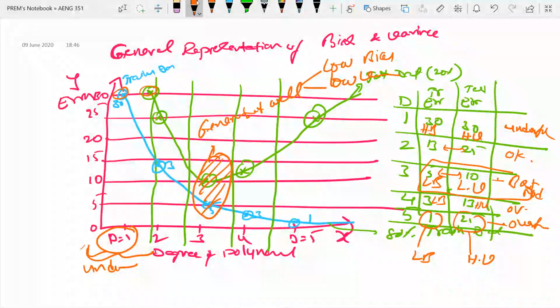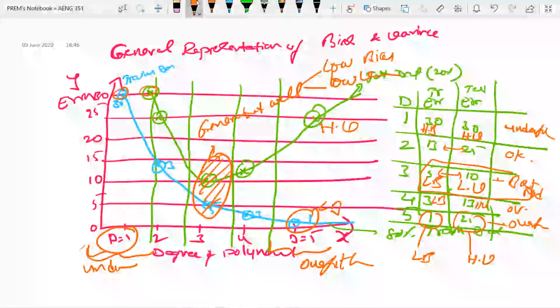When degree is 5, training error is less, meaning low bias, but high variance. So this case is overfitting. Here error is very less, that means low bias. Here error is more, so this may be considered a good model, but not the best model.